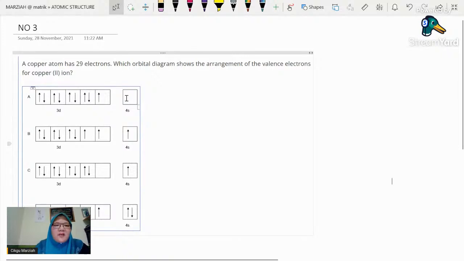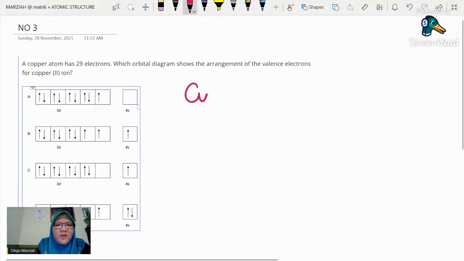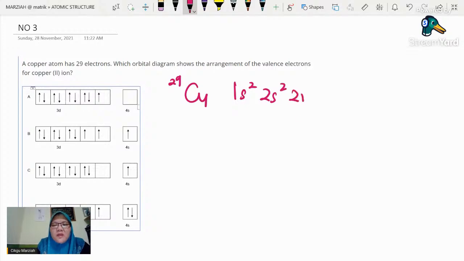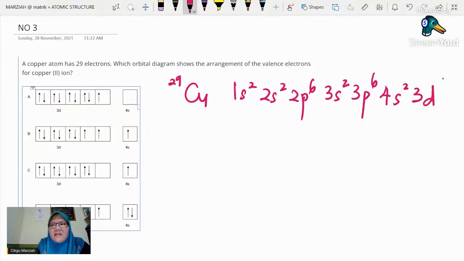So kalau you all tak confident, we have copper 29. So the electronic arrangement 1s2, 2s2, 2p6, 3s2, 3p6, 4s2, 3d9. Betul tak? 10, 20, 29.